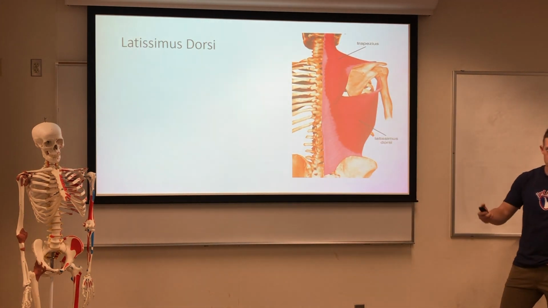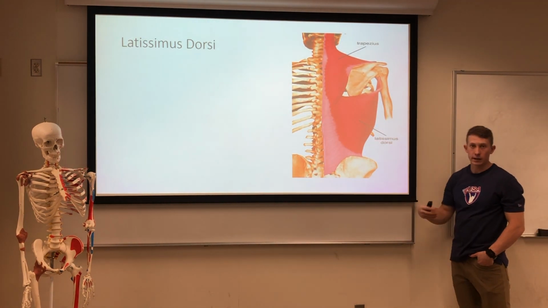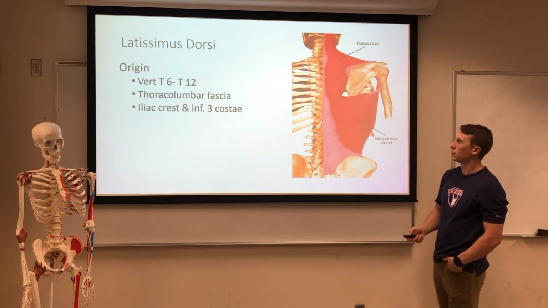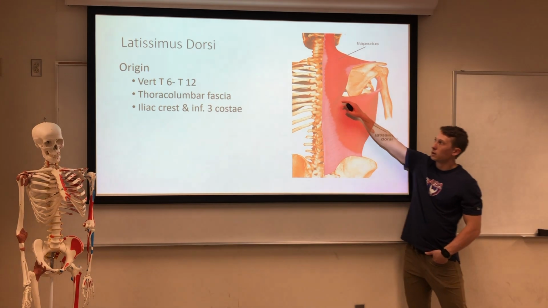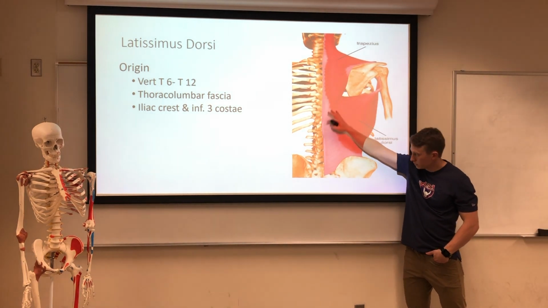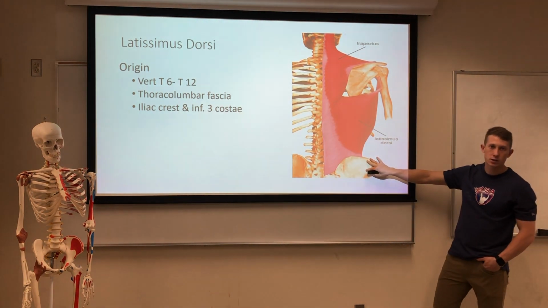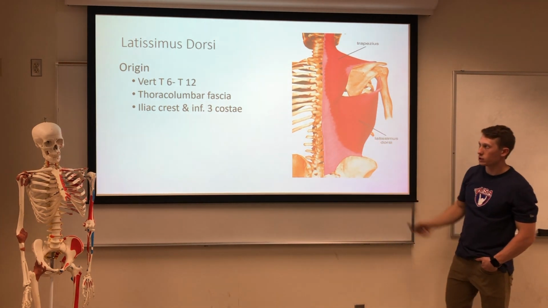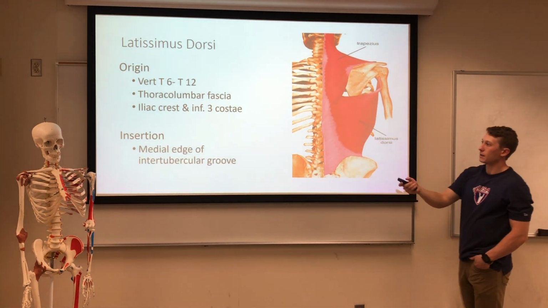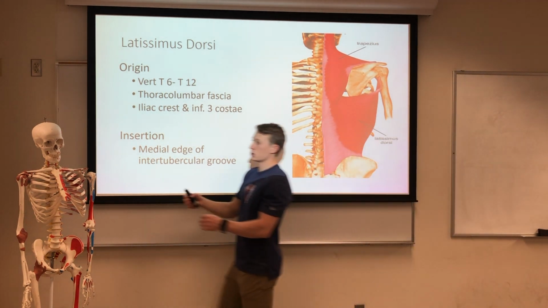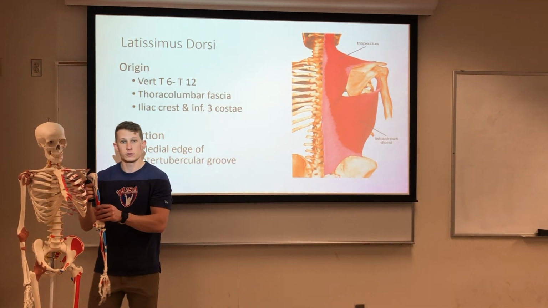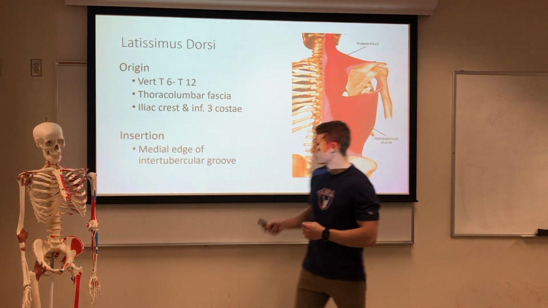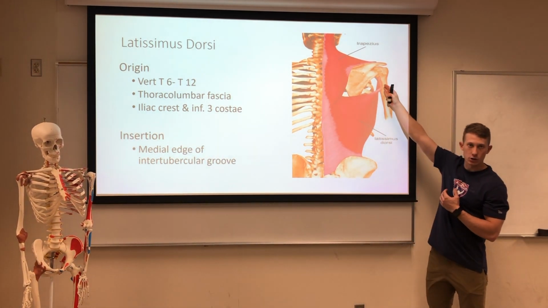Okay, posterior shoulder joint muscles would include something like latissimus dorsi, which is our largest posterior shoulder joint muscle. It has an origin from T6 down to T12, down the lumbar fascia and across the iliac crest, giving us one of the largest origins within our body. And then the insertion is on the medial edge of the intertubercular groove, anterior and medial on the humerus. So we have a posterior to anterior muscle.